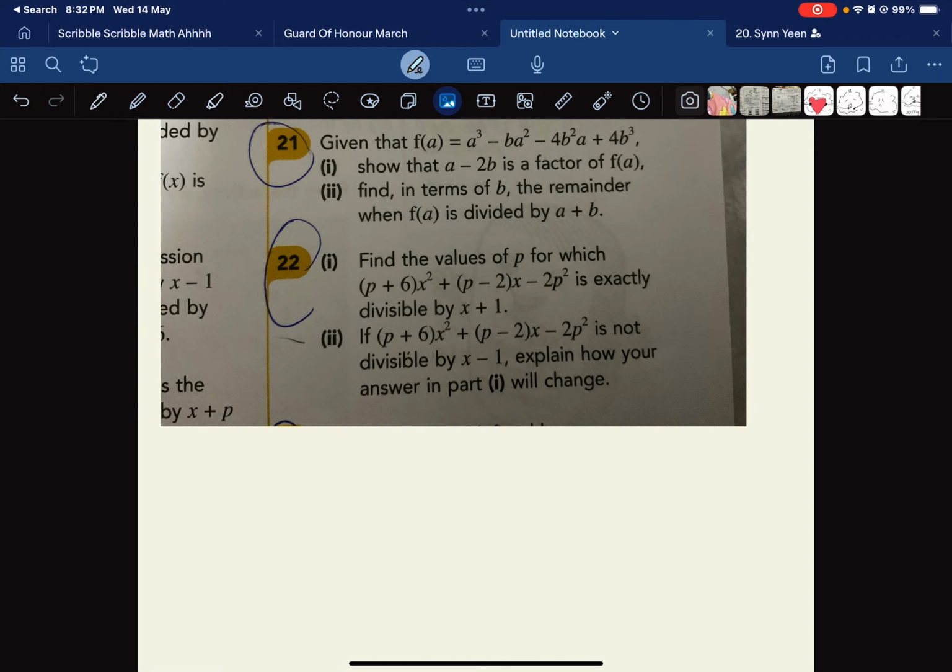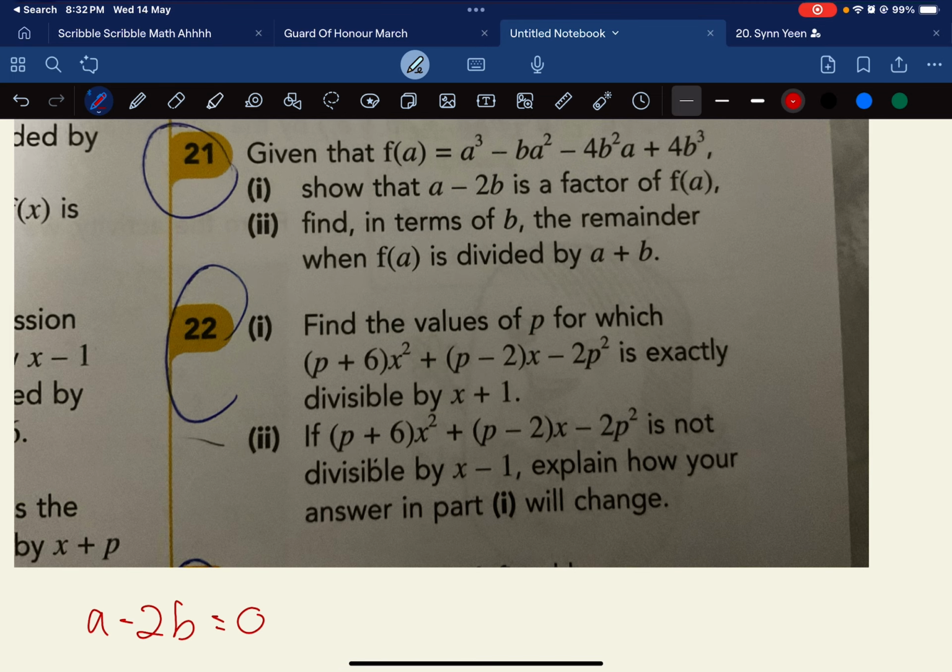Okay, f(a) equals a cubed plus b a squared minus 4b squared a plus 4b cubed. Show that a minus 2b is a factor. So how do we show it? First we have to equate this to 0. This time we are finding a, because we have to sub this value.